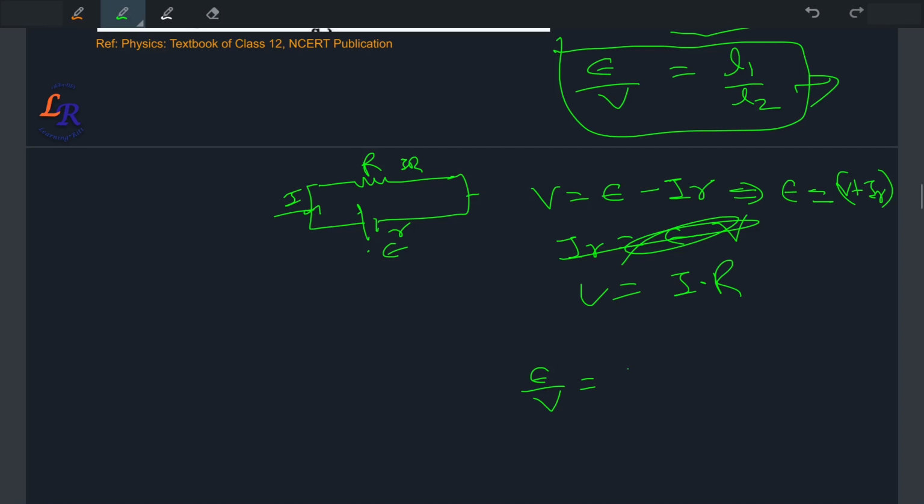So epsilon by V can be written as V plus Ir upon V, which means 1 plus I upon V into r, and V upon I is equal to R, right? So here you can write 1 plus r upon R. Now I utilize this equation and this equation together, and then what will I get?